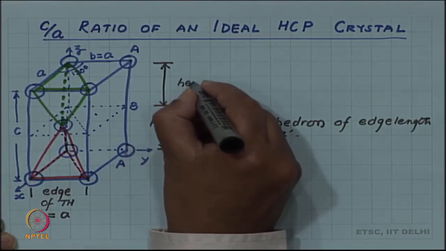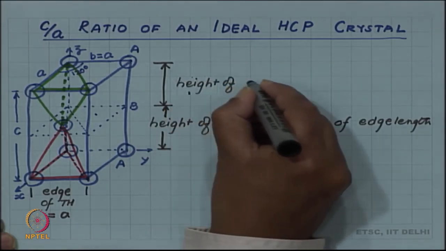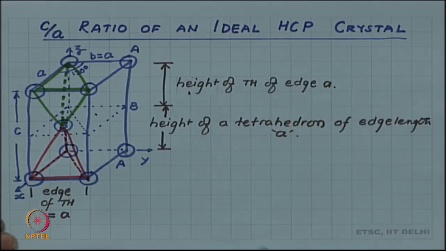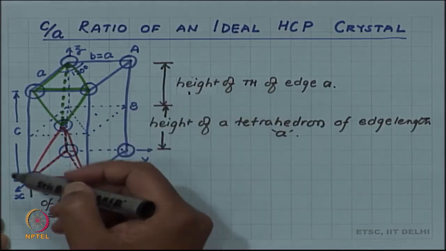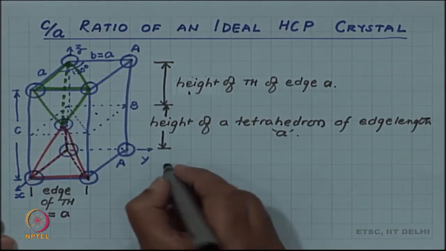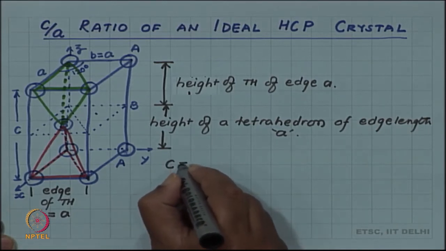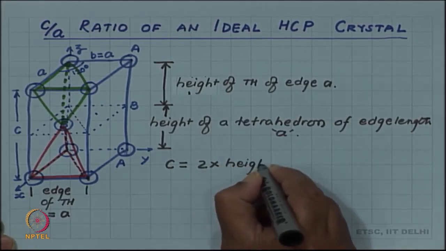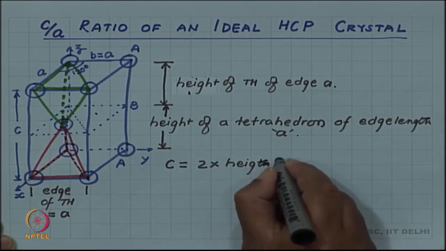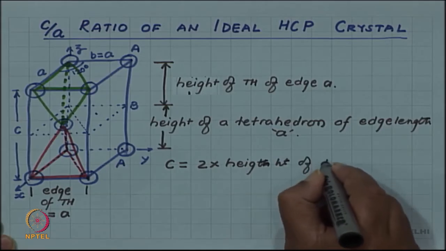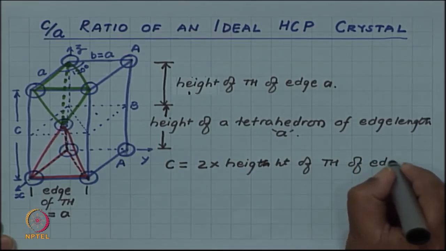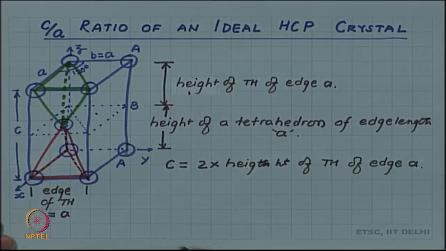So, this is also the height of a tetrahedron of edge A, which means now A to A, since A to A distance is what is C, we have a simple relation that C is nothing but 2 times the height of a tetrahedron of edge A. And if you try to work out, I leave this exercise for you.